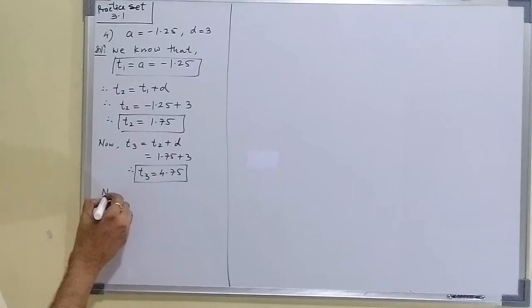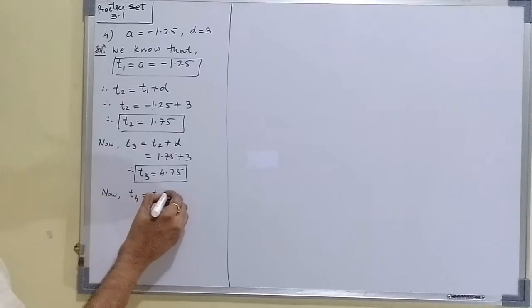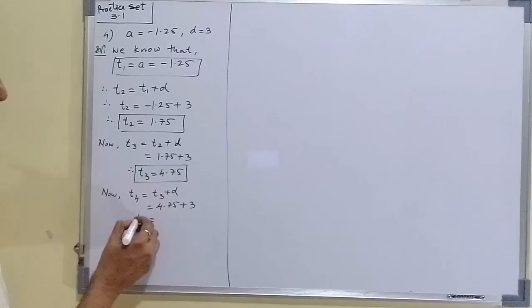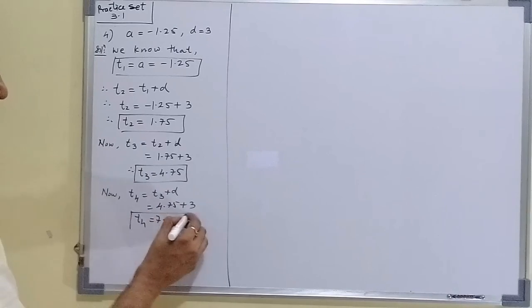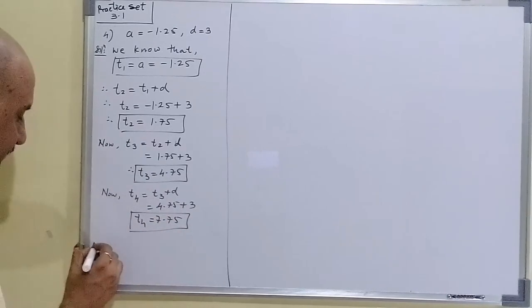T4 निकालो. T4 equal to T3 plus D. So it will be 4.75 plus 3 equal to T4 क्या होगा, 7.75.